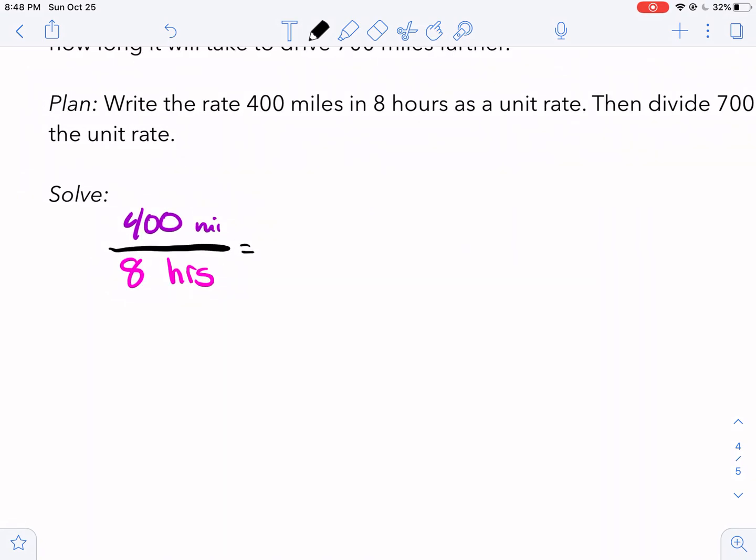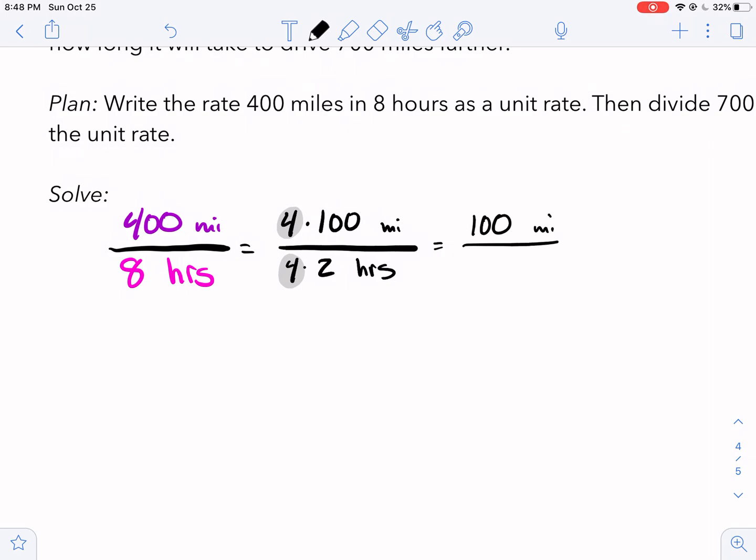I see that 400 is equal to 4 times 100, and 8 is equal to 4 times 2. So now we can simplify this fraction by reducing out a 4 on top and bottom. So that's 100 over 2.